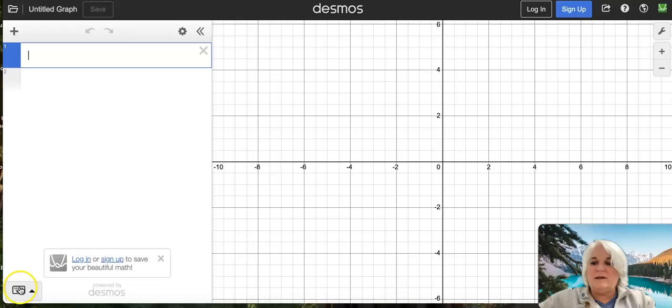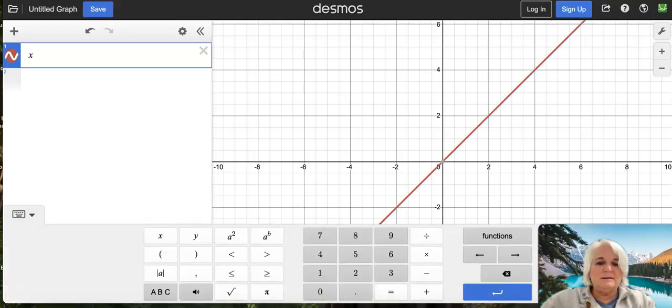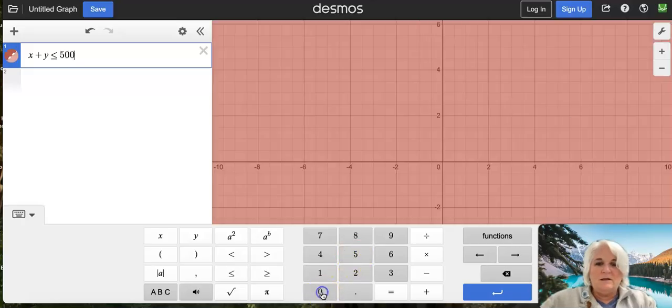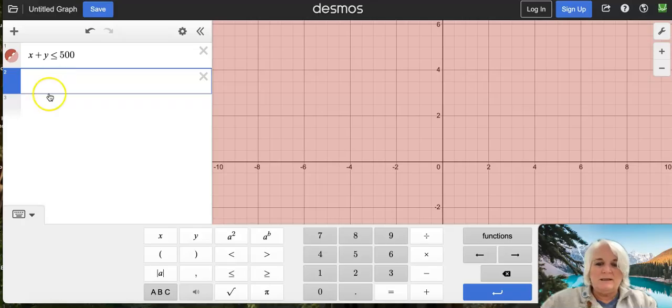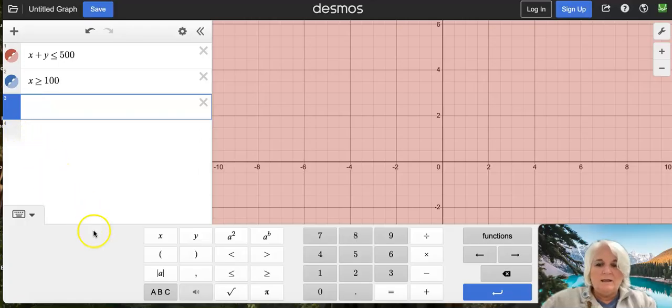I'm using the keyboard so you can see what I'm pressing. x plus y is less than or equal to 500. And then click below it, and I have x is greater than or equal to 100. And below that, y is greater than or equal to 100.